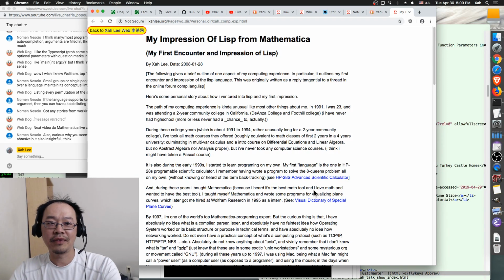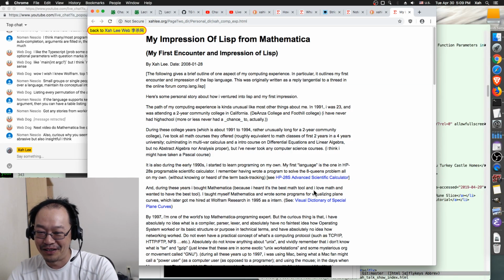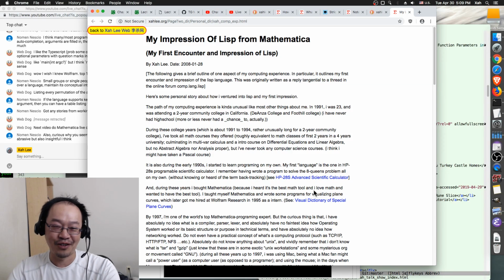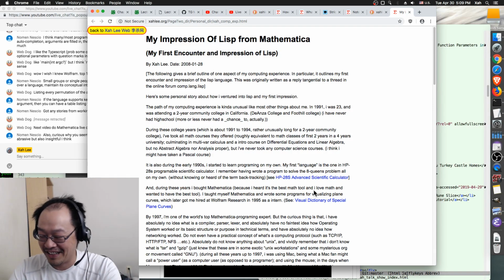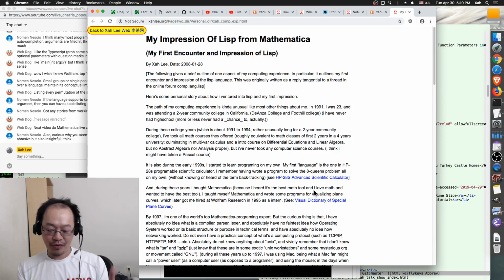But there's one issue about Mathematica: because it's proprietary, all of you open source fans can forget it immediately. Now you have a choice. One is to stick with your open source fantasy, your open source philosophy, your open source mindset. You are never going to touch anything that's proprietary.